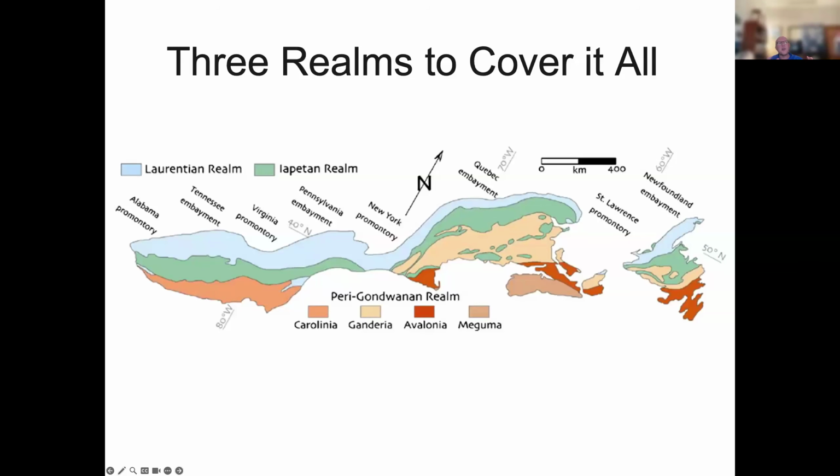And then there's this thing called Gander, which goes up to New England, Avalonia that goes partly through New England, but then stuck on the end of Newfoundland. And then this other one that's called Meguma that's stuck on the end of Nova Scotia. But these all represent pieces of lithosphere that have some affinity, some tie to that ancient African Indian supercontinent.